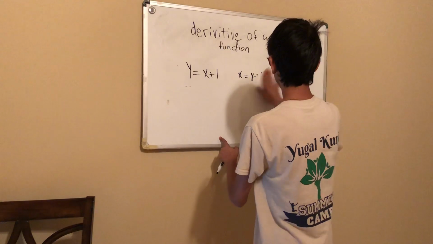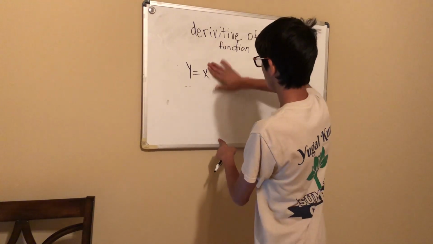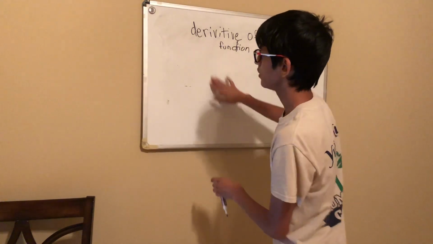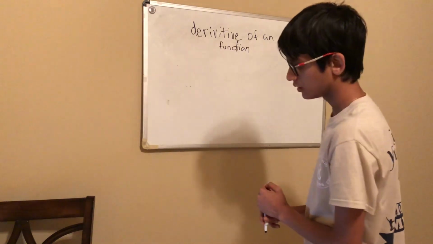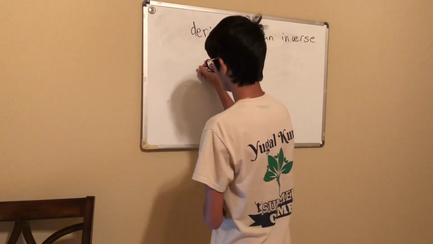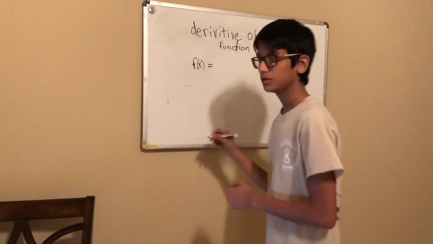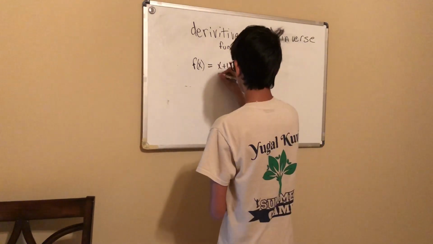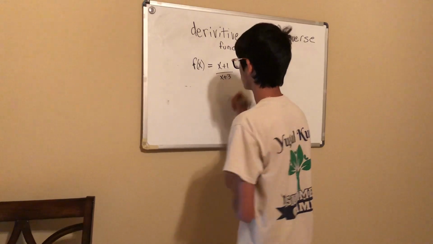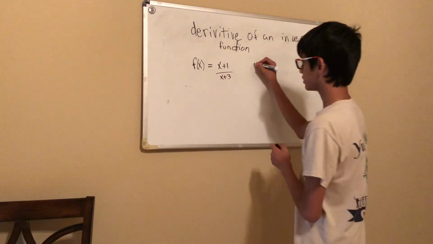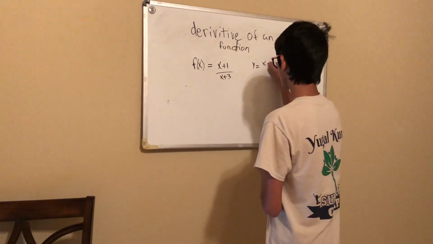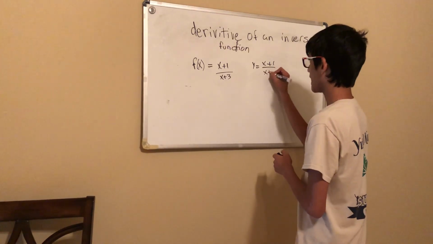So now, let's try a bit harder function. Let's go f of x equals x plus 1 over x plus 3, right? So this is the same as y equals x plus 1 over x plus 3.